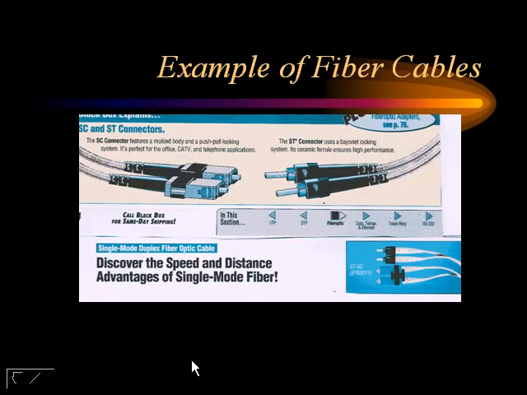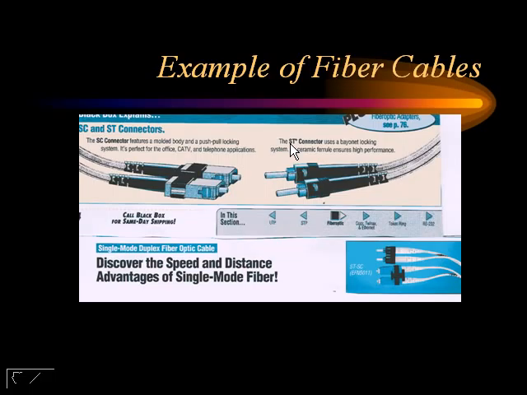Here are some examples that show different types of fiber connections. In the first case, the illustration shows a type of connection that is known as the SC connector. In the second case, a connector that is known as the ST connector is shown.